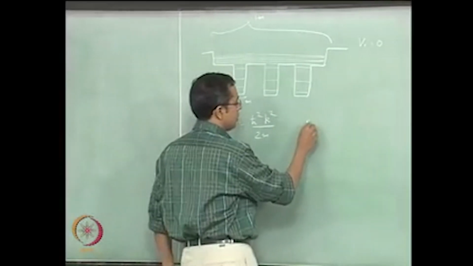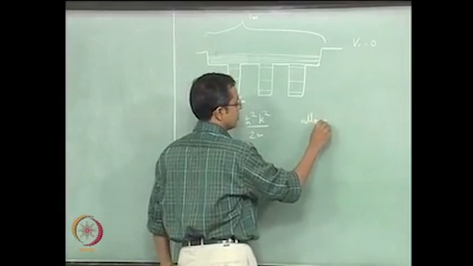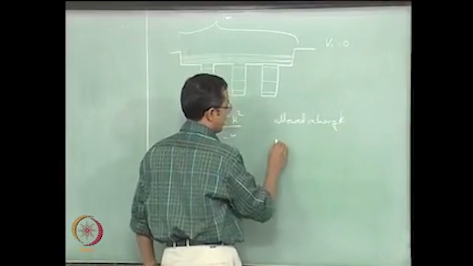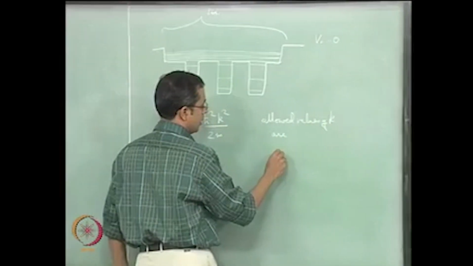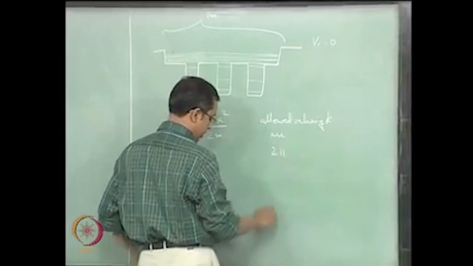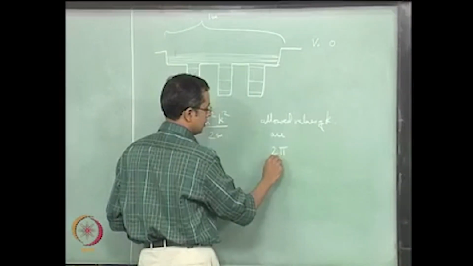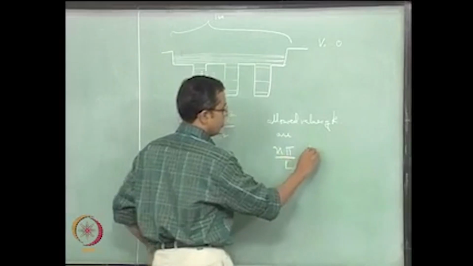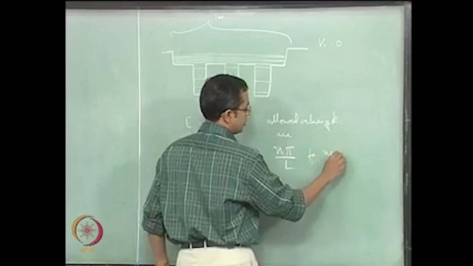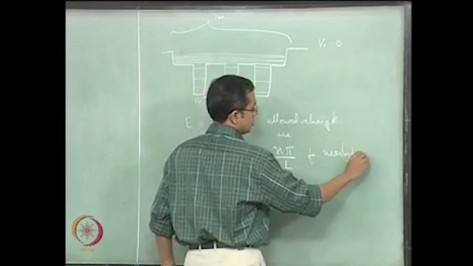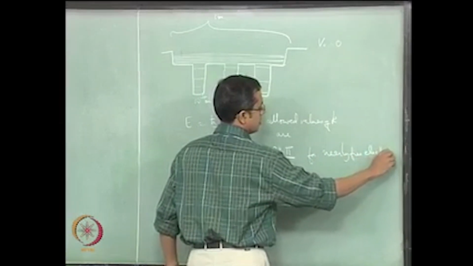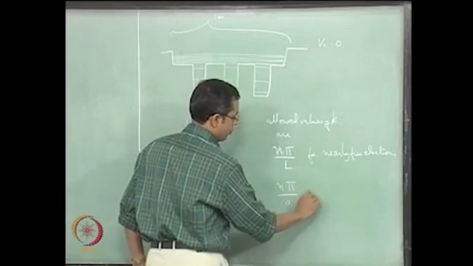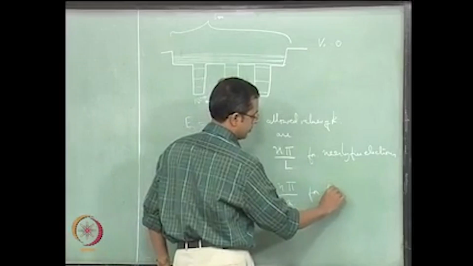Now, the allowed values of K are, 2 pi, I am sorry, are n pi by L for nearly free electrons and n pi by A for bound electrons.